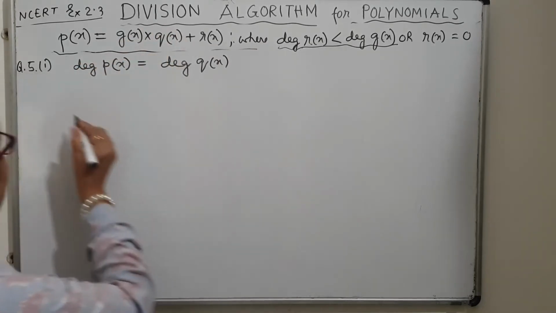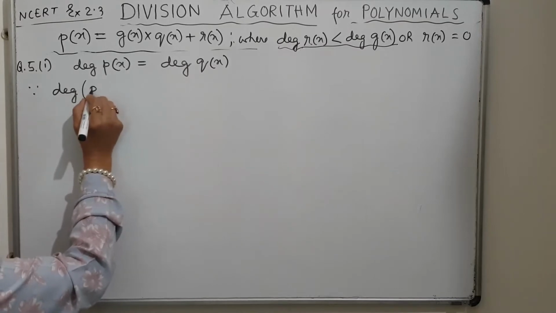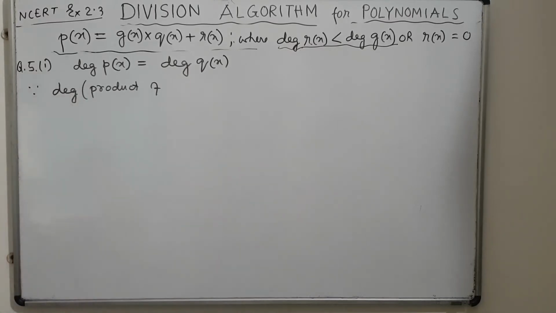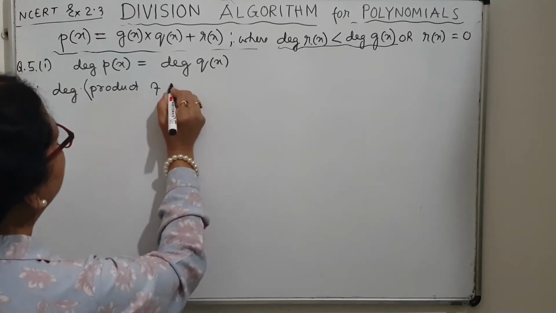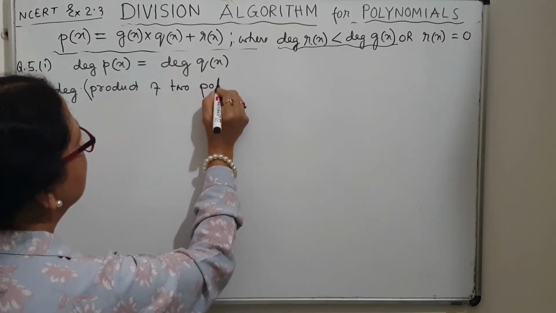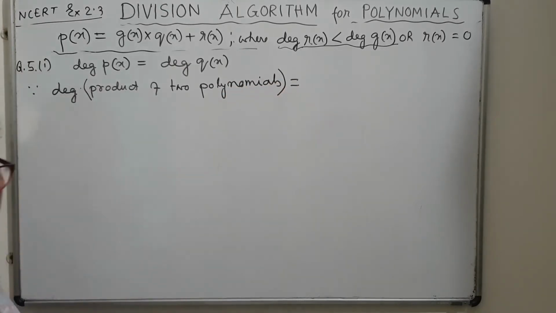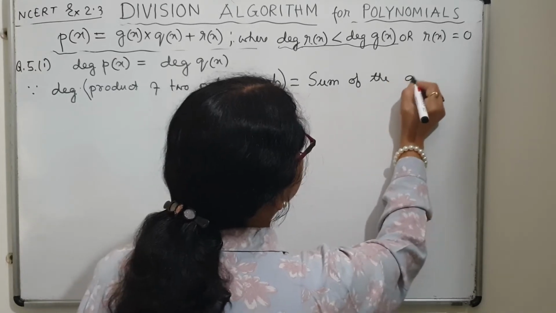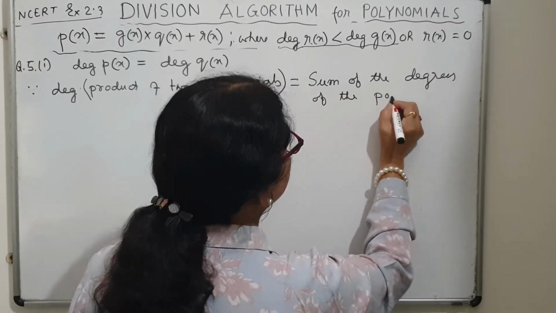So we know that the degree of the product of 2 polynomials is equal to the sum of the degrees of the polynomials.